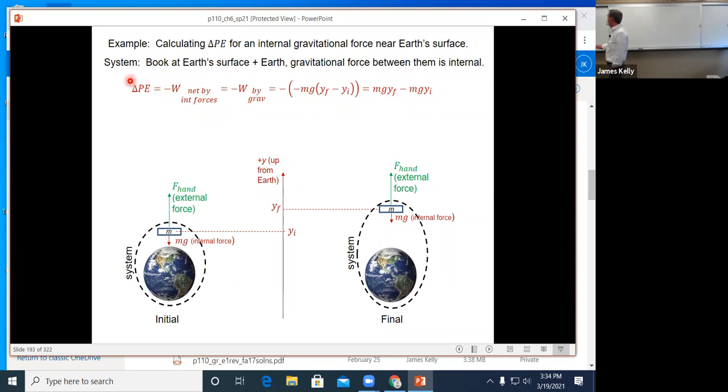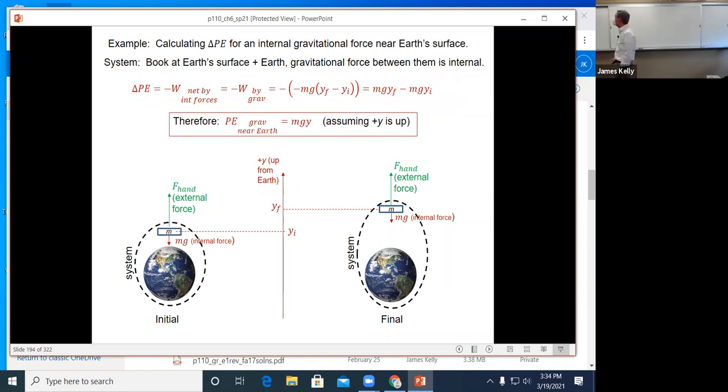Now, I'm calling this a change in potential energy, and notice I have something final minus something initial. That seems like we should define the gravitational potential energy for a system consisting of a mass and Earth, where that internal gravitational force is what we're going to consider to be internal.